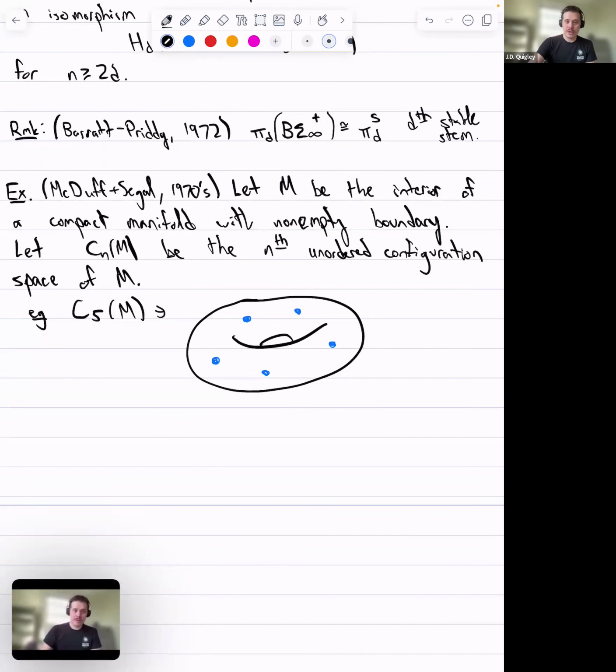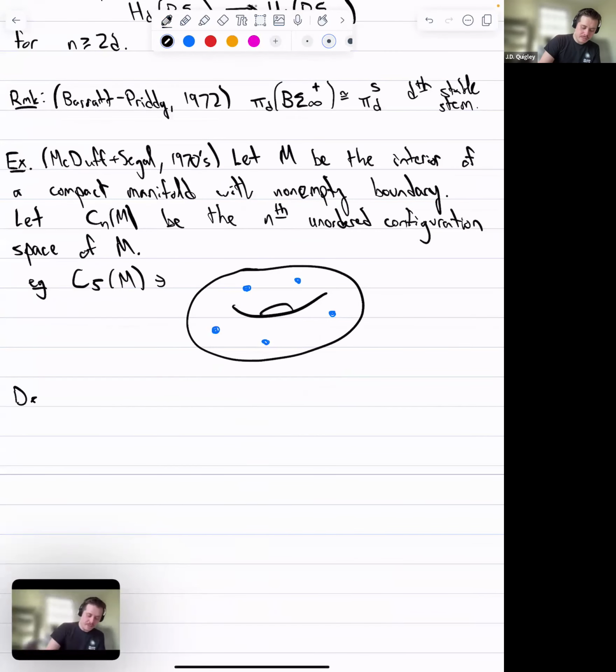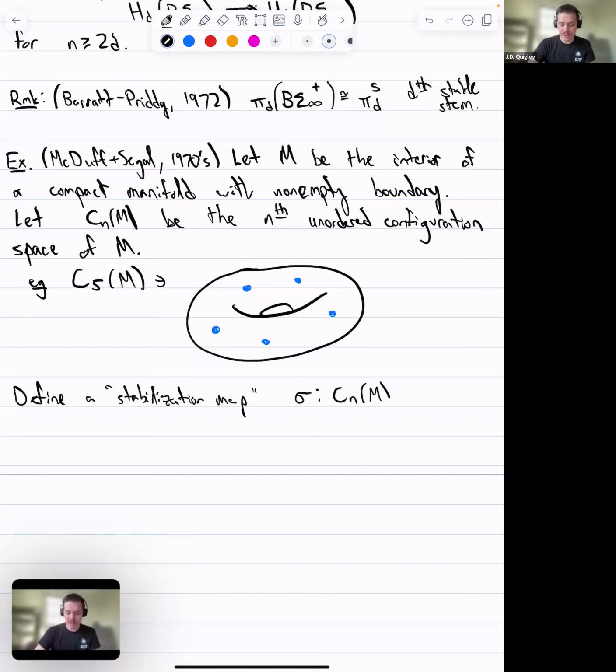Okay, so in this situation, I can define what's called a stabilization map, sigma, from the nth configuration space of M to the n plus first configuration space of M as follows.